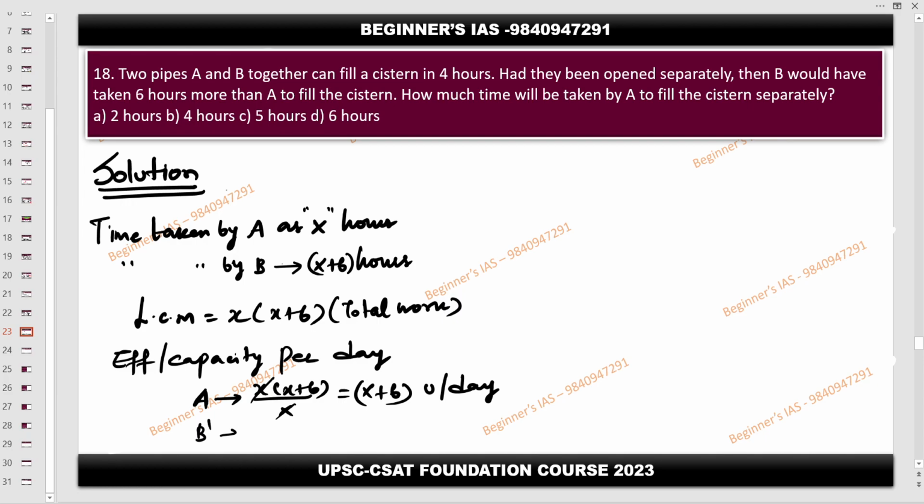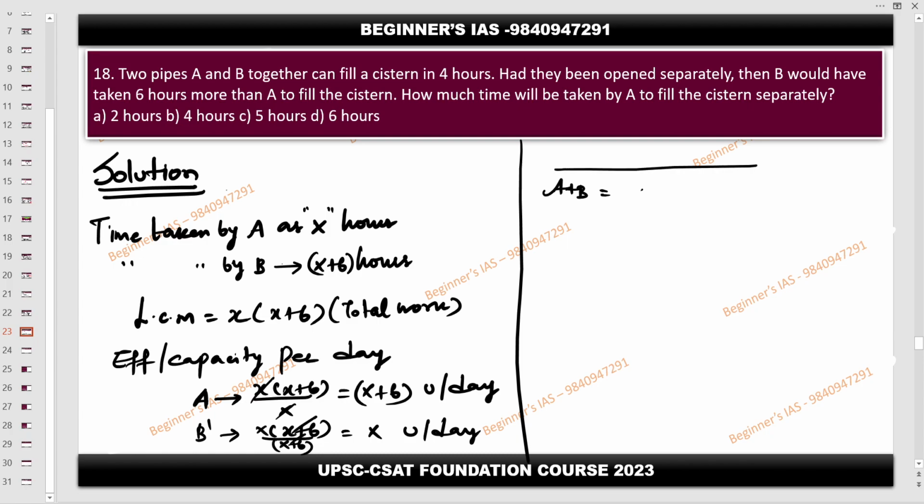Now B's capacity: total work is X into X plus 6, divided by B's time taken, X plus 6 hours. So X plus 6 cancel. So B has the capacity of X units per day. Now listen carefully here. A plus B is 2X plus 6 units per day.